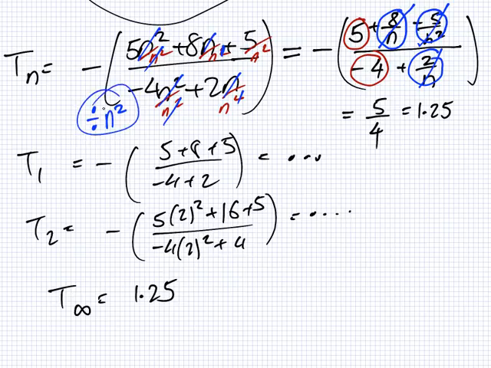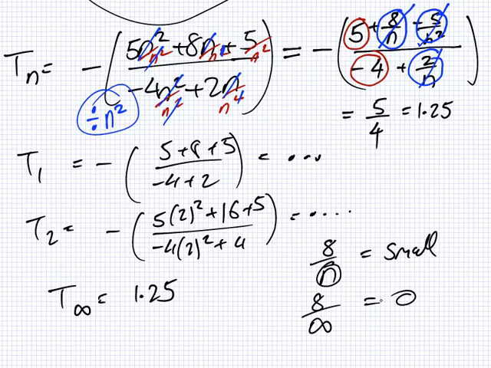And then I imagine the n is very big, like infinity. 8 over n would be very small if this is very big. If it's infinity, then it will be 0. Likewise, 5 over infinity squared is also 0. Is that okay?